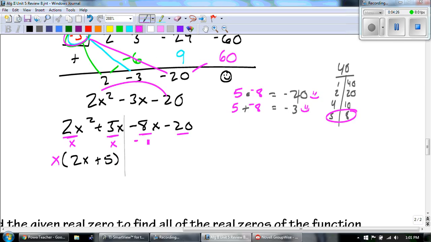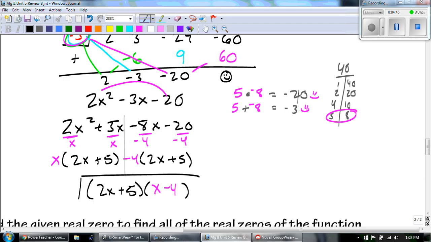The GCF of the back group is a negative 4. They match. I'm happy. So we get 2x plus 5 and x minus 4 as our final answer.